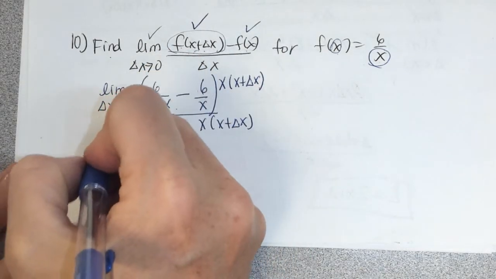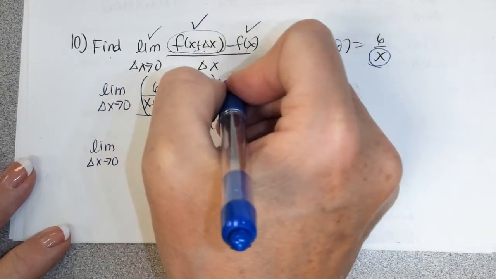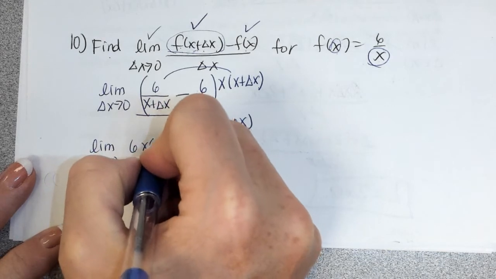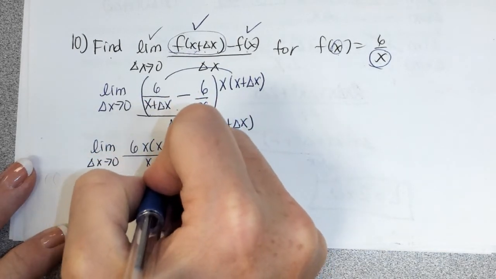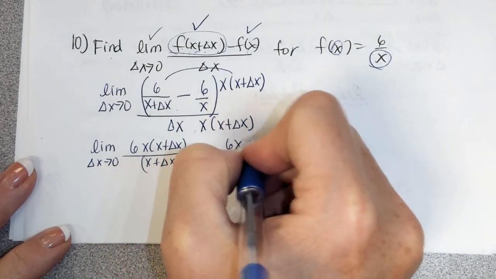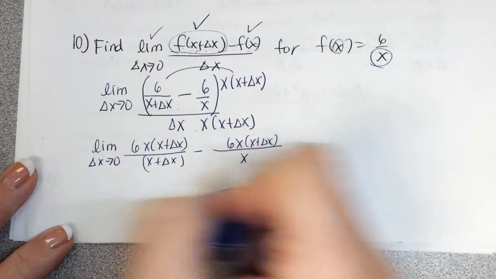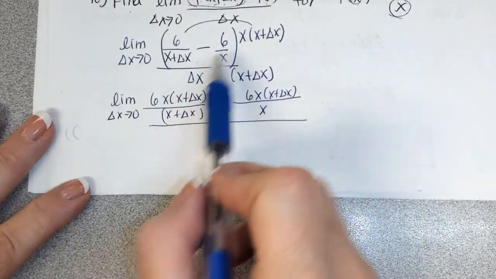So now I've got the limit as delta x approaches 0, distribute it through. Don't multiply it out though, because we want to get things to cancel. Okay, so there's the top. See what I'm doing?